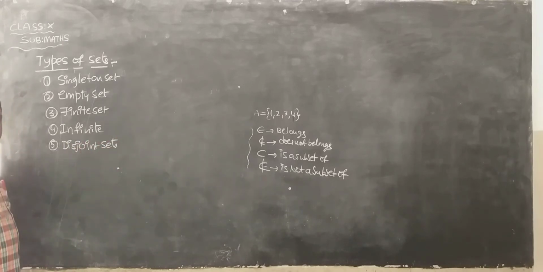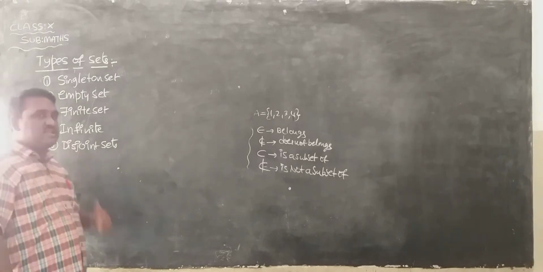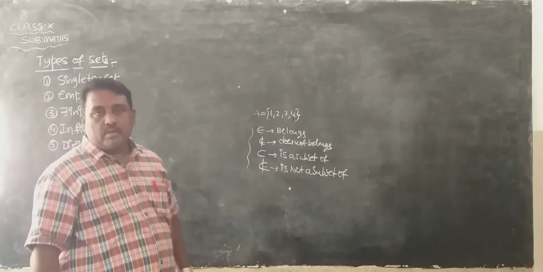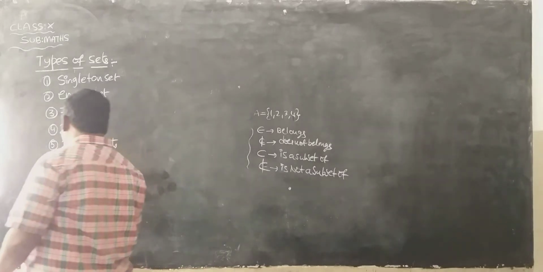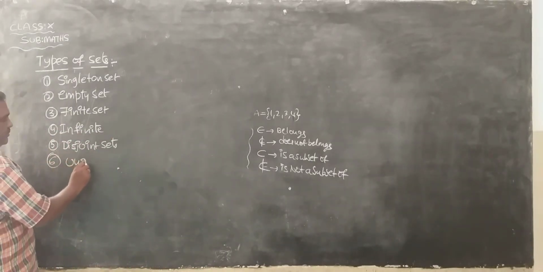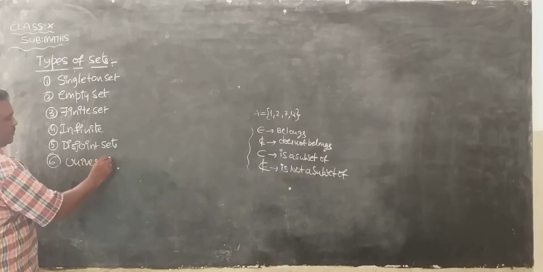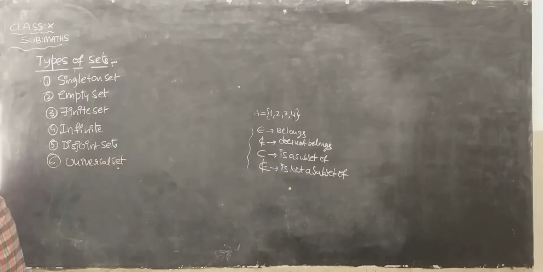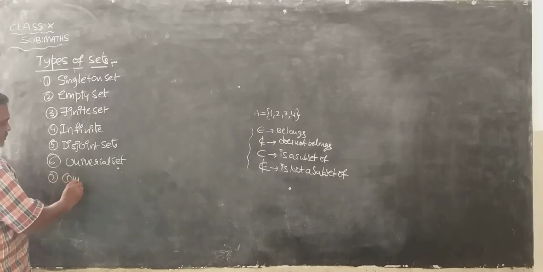Number 6, universal set. Number 7, complementary set.